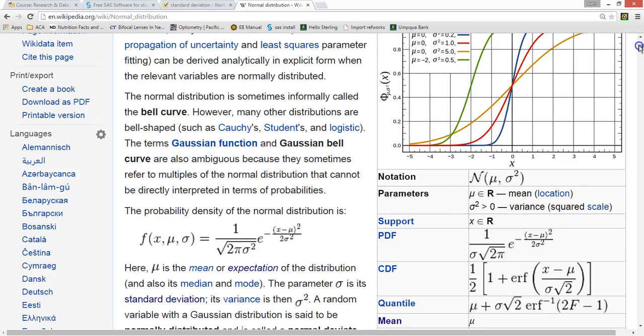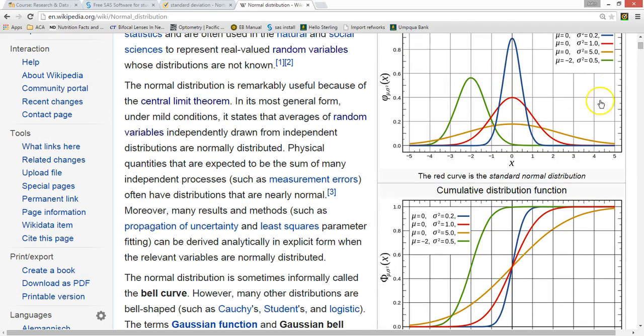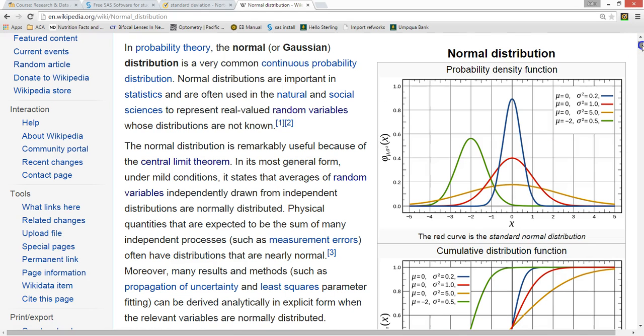So one thing about the normal distribution is you can see it has a lot of different shapes. It's not a standard one-size-fits-all shape. In each of these cases, at least three of them, the mean is 0. And over here, the mean is -2. But these means are all 0, and they have different widths because their variances have different shapes. So the blue line has a narrow variance, 0.2.